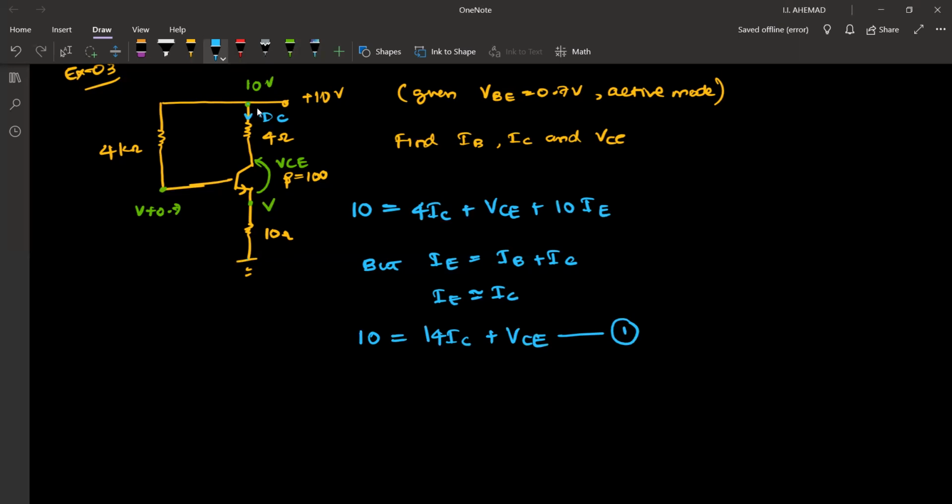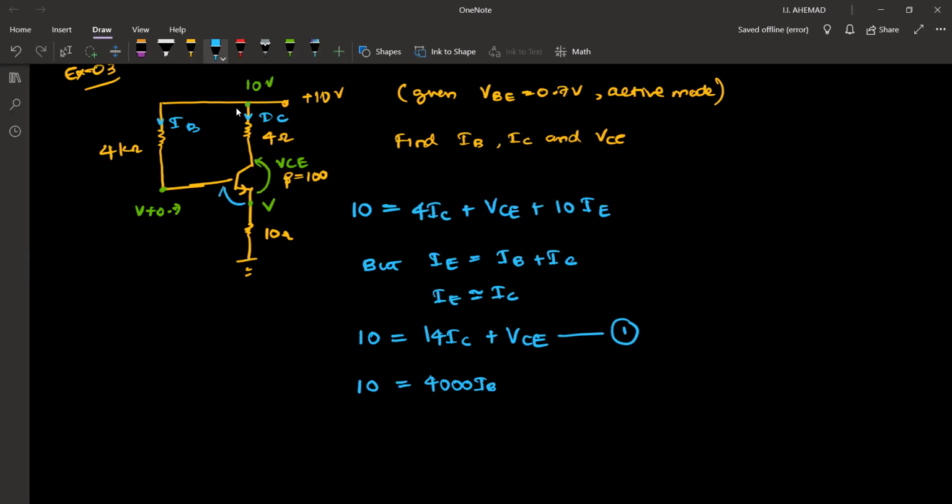I can go through this path also, right? If I start from here and go through this path, the potential drop is also 10. So 10 is equal to, in this path, we have IB current, 4000 IB.